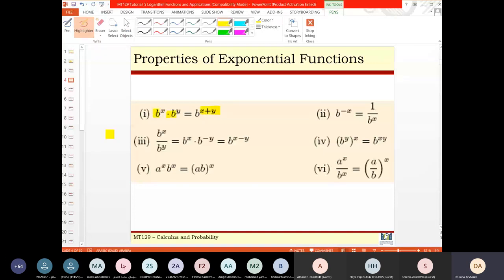For example, if I have 2 to the power x multiplied by 2 to the power y, this will be 2 to the power x plus y. We know this, huh? Same base, different power, we add. Now same base, different power, and division, we subtract the powers. For example, if I have 3 to the power x divided by 3 to the power y, we subtract, it will be 3 to the power x minus y.